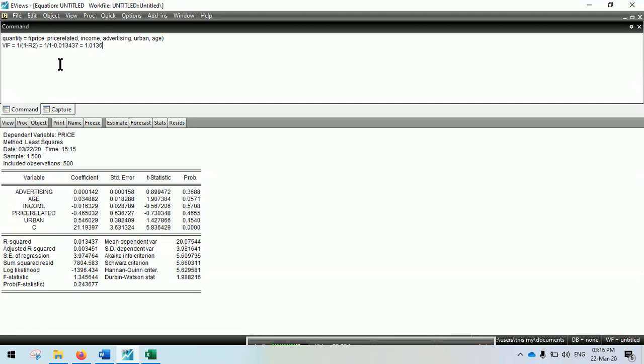If you have done all these things but you cannot solve it, then you are left with no choice but to omit the variable. I will not go into calculating the VIF for every variable, but I assume all of them have VIF less than 5. So now after doing that, I will close it. This I don't need.